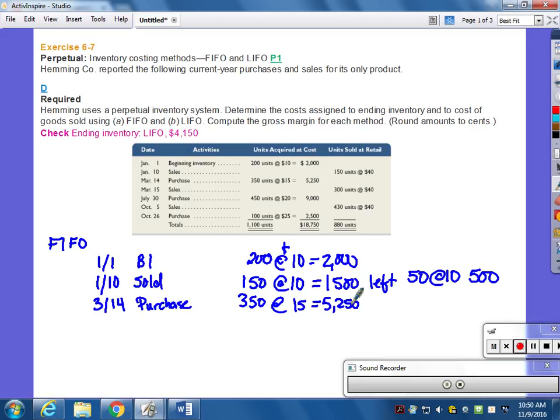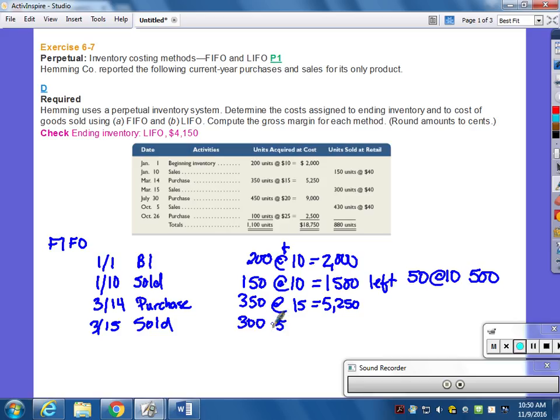Then on March 15th, they had a sale of 300 units. Where do we pull them from? The beginning, the 350. Yeah, but how many units from where? 50 from the first.